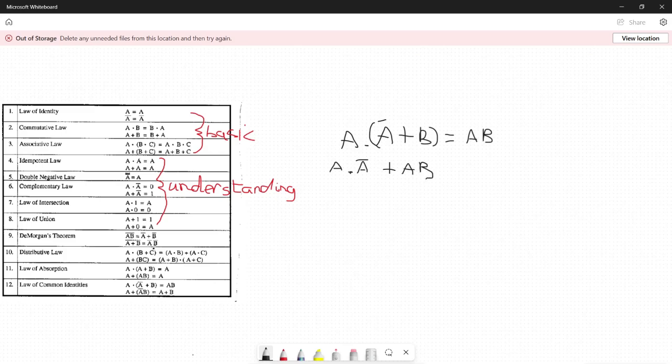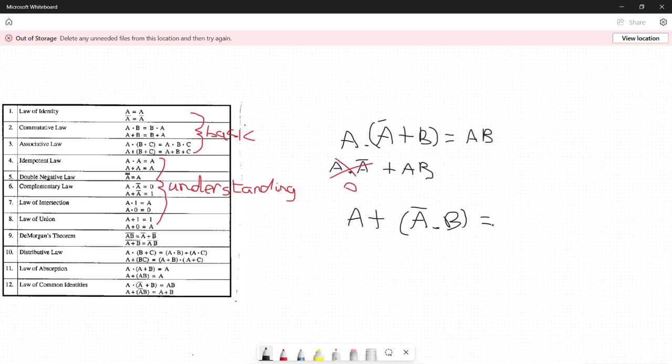And what do we know from the complementary law? That this is equal to 0. And so AB is equal to AB. Pretty simple.